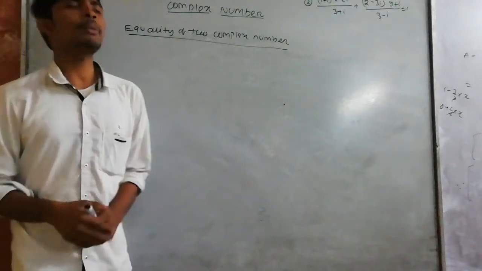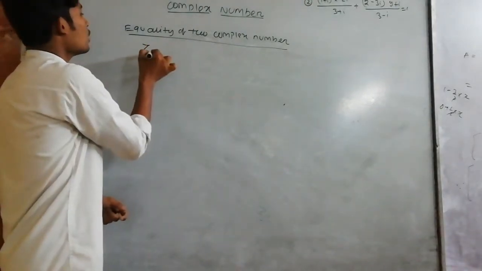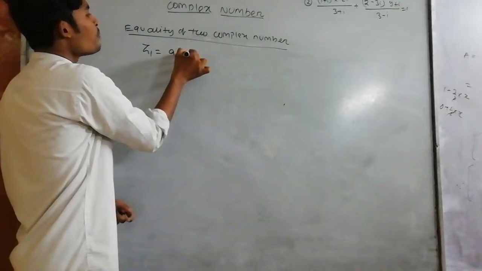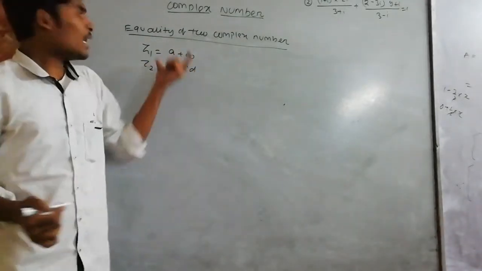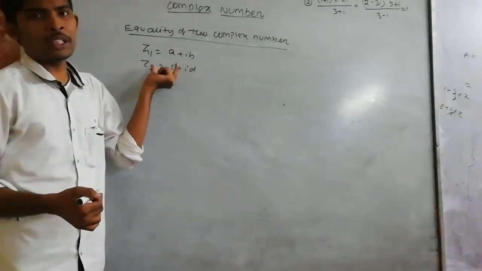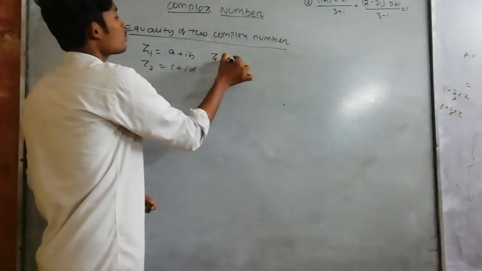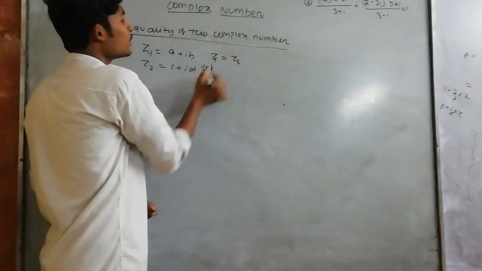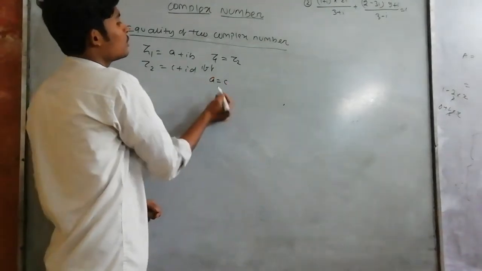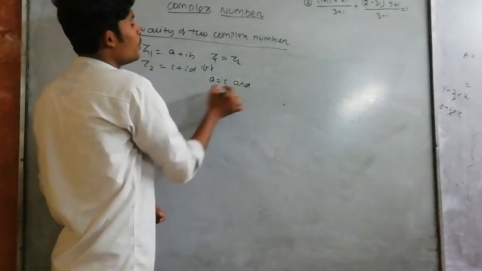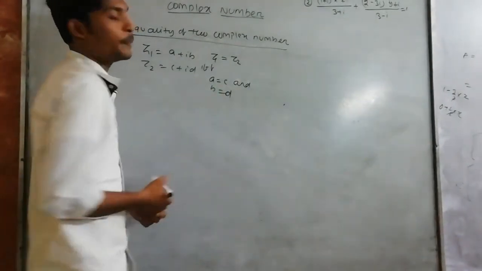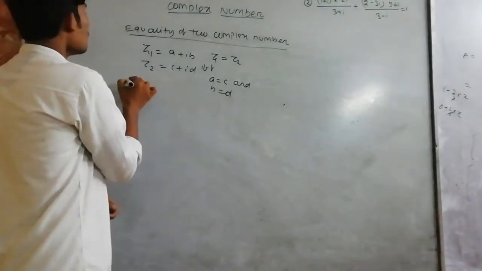So consider two complex numbers z1 equal to a plus ib and z2 equal to c plus id. Then z1 equal to z2 if and only if a equal to c and b equal to d. So let us start the proof.